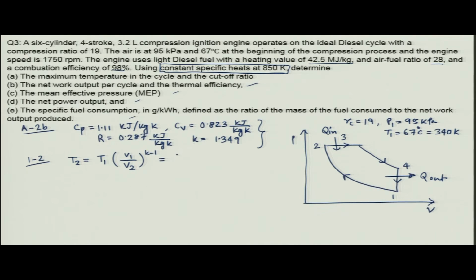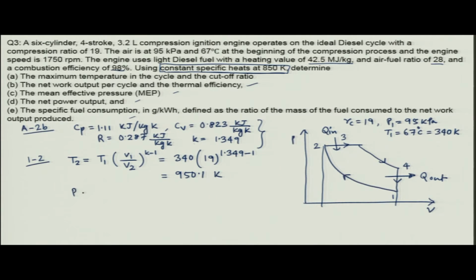So, here T1 is 340 Kelvin and V1 upon V2 is basically the compression ratio, which is 19, and K we have to use 1.349 minus 1. Okay. So, whenever this type of problem is given, with the constant specific heat at a particular temperature, then you have to look into the table and get Cp and Cv, and from that you can find K and R. Okay. So, T2 is the temperature, and after you calculate you will get 950.1 Kelvin.